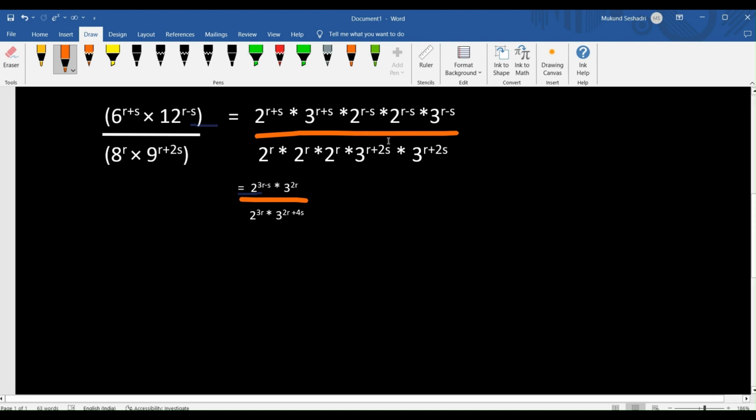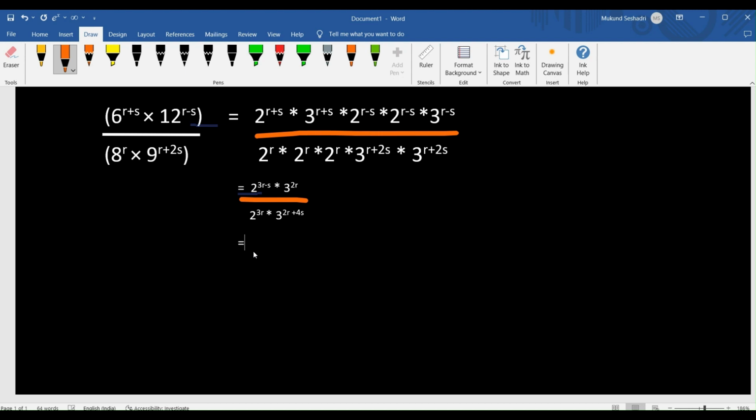So now we see that we are left with an expression which has just a 2 and a 3 in the numerator and the denominator, and looks like we can further simplify it, right? So we rewrite, I'm going to write it here, 2 to the power 3r minus s.